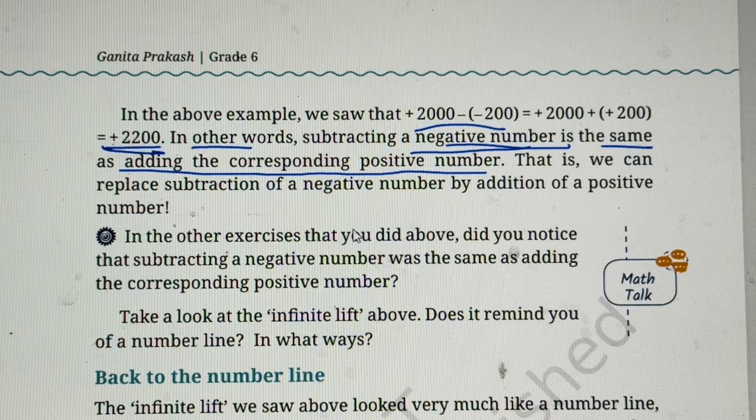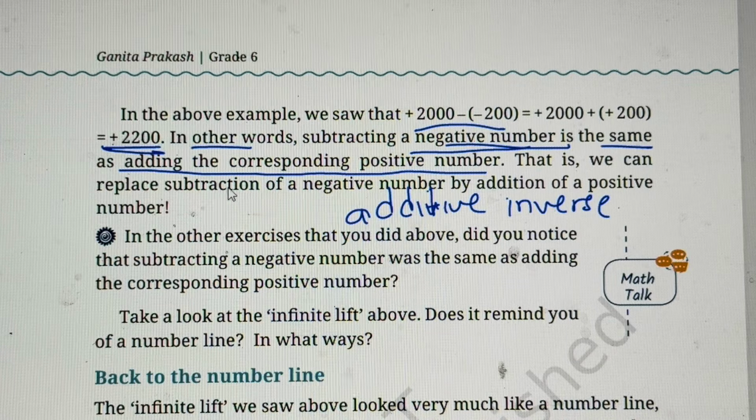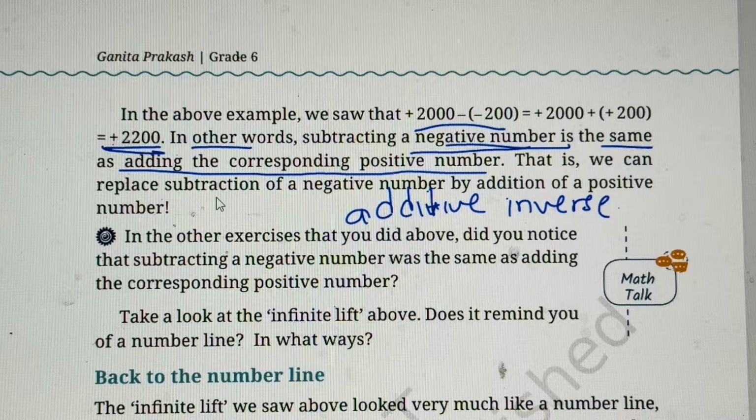That is its additive inverse. You remember this? Additive inverse, or just inverse if you remember. The number with the opposite sign. Okay, it is the same. That is, we can replace subtraction of a negative number by adding a positive number, which you saw we have done in many examples in the exercise we just saw.